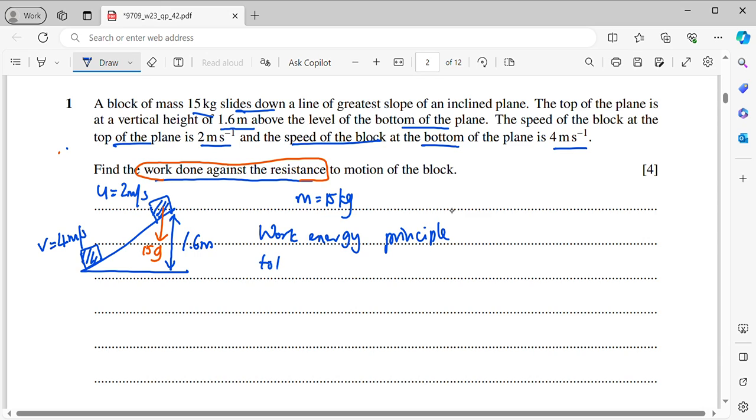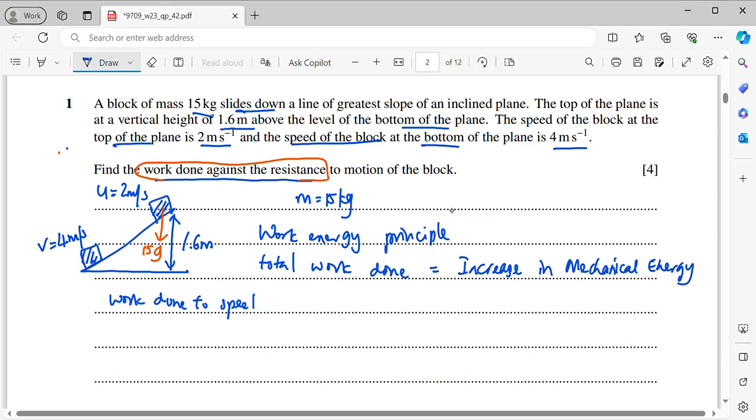That means total work done equals increase in mechanical energy. For your information, total work done is basically work done to speed up the body minus work done against the resistance.